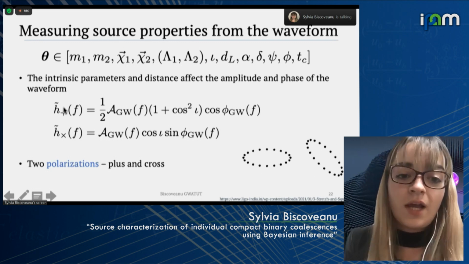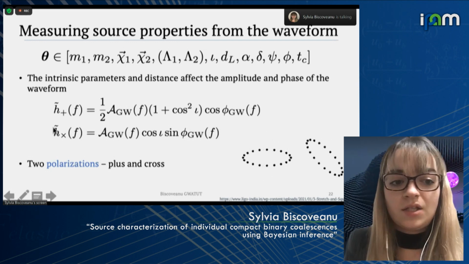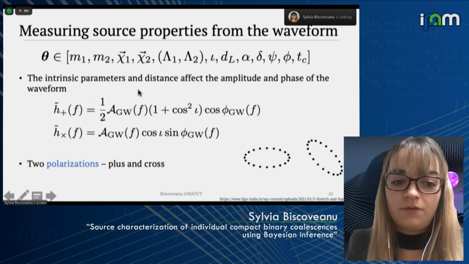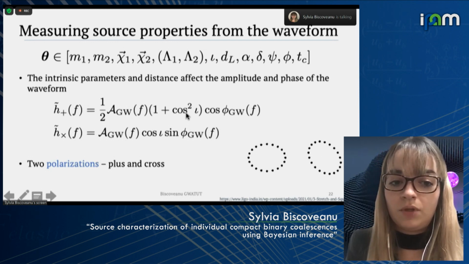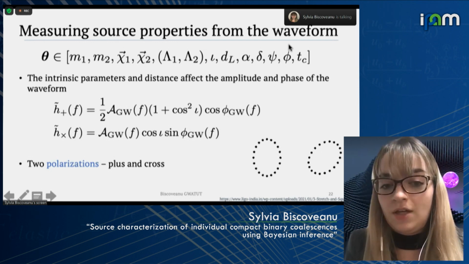So we can break the waveform down into the two polarizations. And so for the plus polarization, the waveform is equal to 1/2 times the amplitude of the gravitational wave signal times 1 plus the cosine squared of the inclination times the cosine of the gravitational wave phase. And this is not the same phase that is up here.